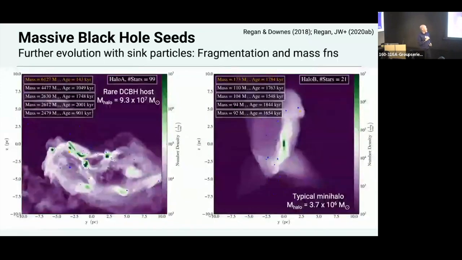So I'm running out of time, but John Regan went ahead the year afterwards to resimulate this with sink particles, and this is the halo that he resimulated. It has 10 to the 8 solar masses in halos, but the most massive star was roughly 6,000 solar masses. And just for comparison, we looked at a typical minihalo, and you get the typical population 3 masses.